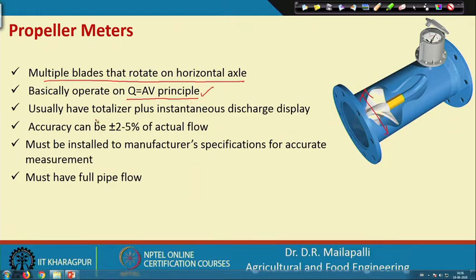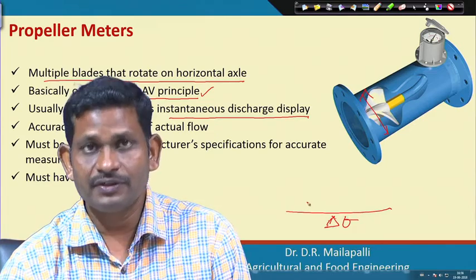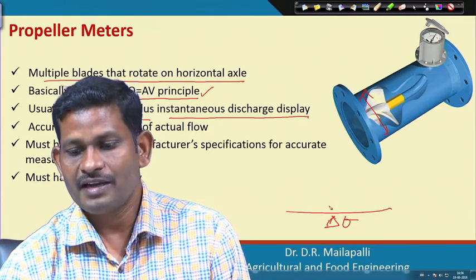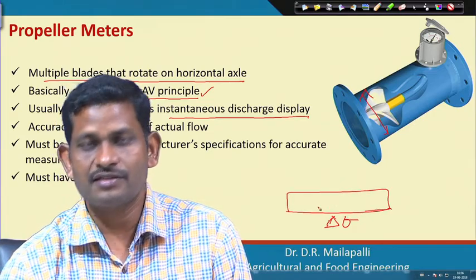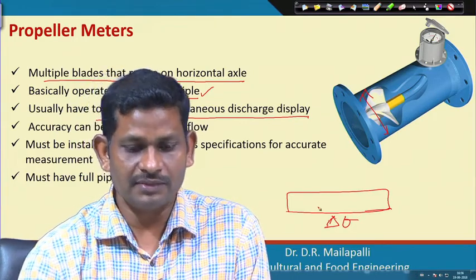So, they usually have a totalizer plus instantaneous discharge display. So, this can show the instant discharge as well as the totalizer. Totalizer in the sense that for a particular time period you can get individual discharges as well as the total discharge for 10 minutes or 15 minutes, the whole 1 hour, something like that.